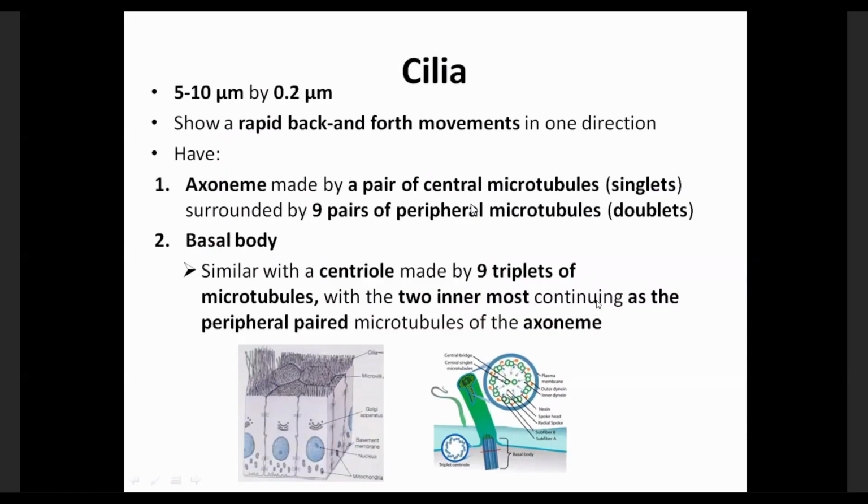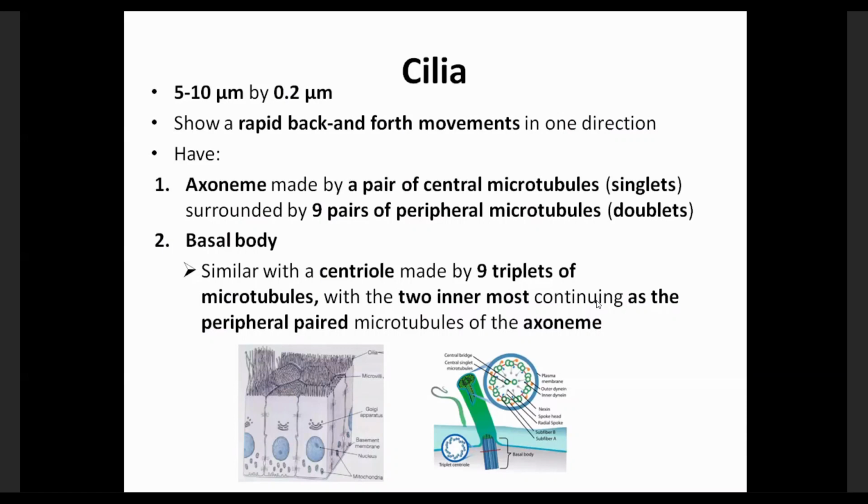In some other cells, which are now not to increase surface area, but they need to move some substance on top of them. Like, for example, those covering our nasal cavity, on the top of the nasal cavity, there is a mucus strategically placed. And this mucus is meant to trap dust particles from the air we are breathing in. And this dust particle trapped within the mucus should be removed by beating.